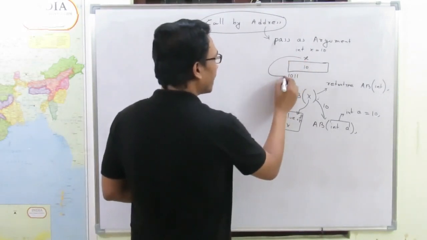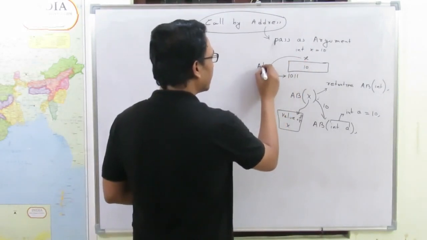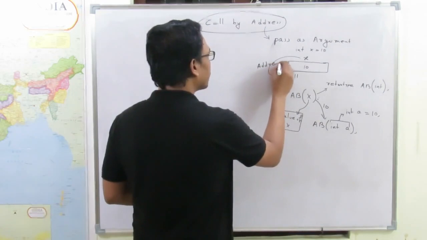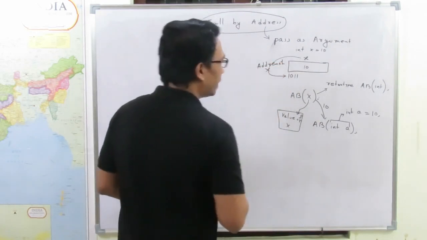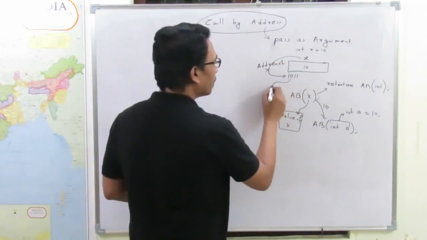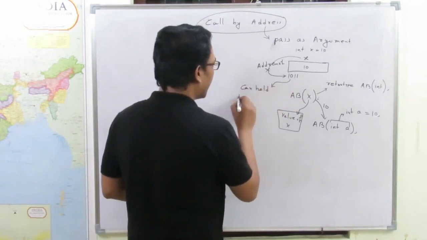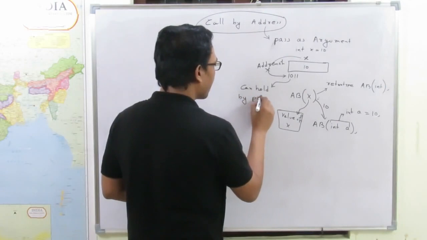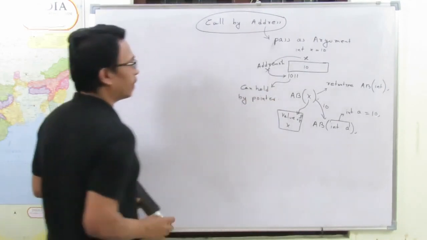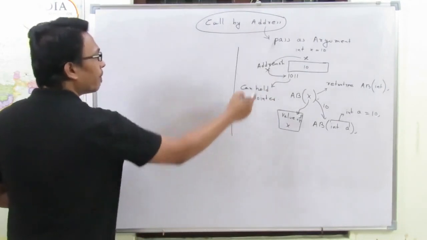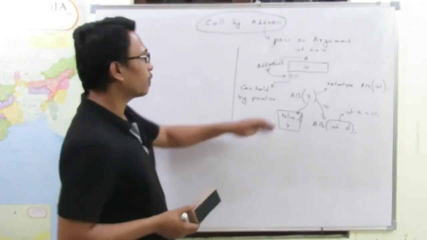The address of x is this one, and an address can be held by a pointer. Clear?